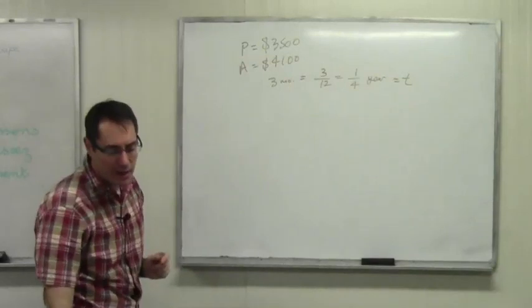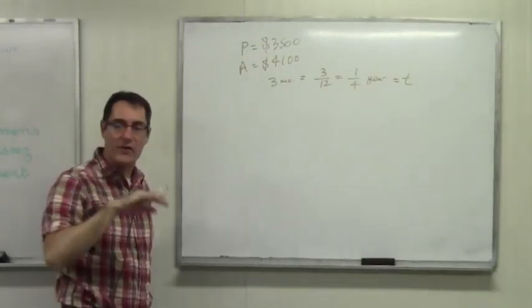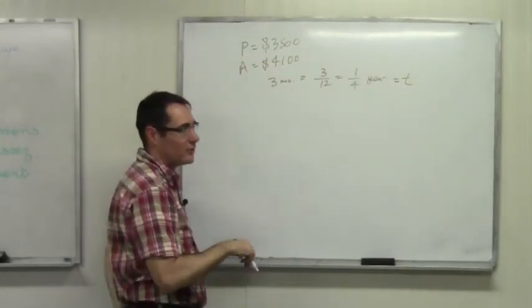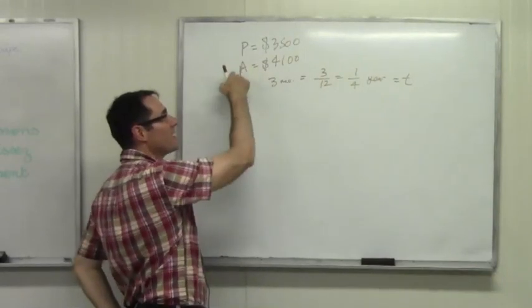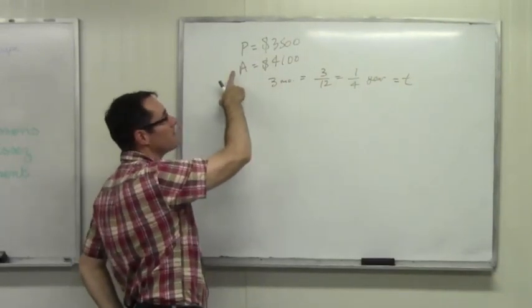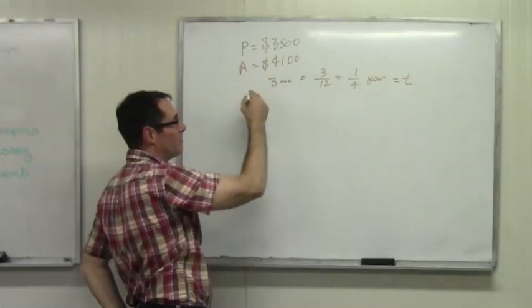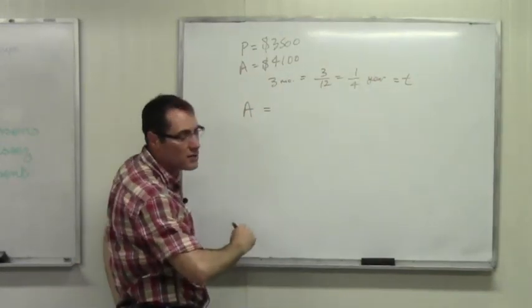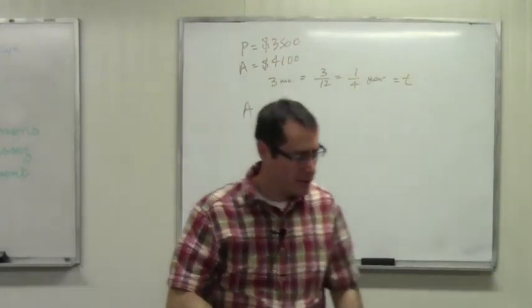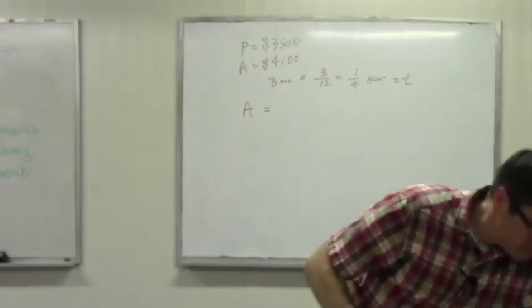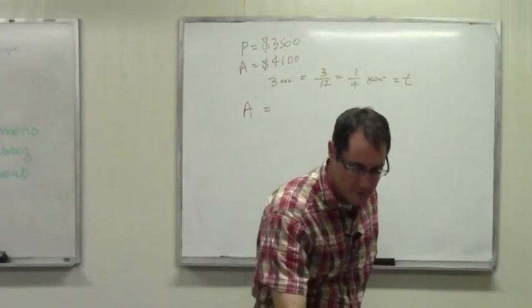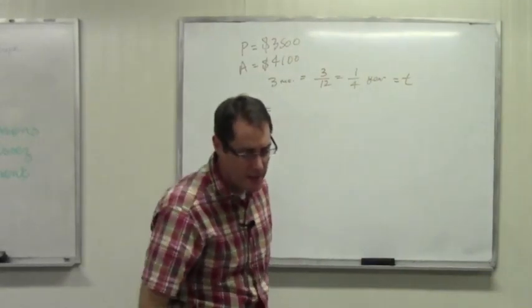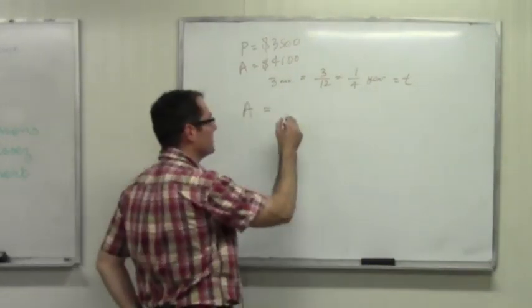OK, so we've got a couple formulas we can use. We figured out the other night that there's the easy one, and then there's a slightly harder one. You've got the formula that relates the future value to the principal. Future value for simple interest: A equals P times 1 plus RT.